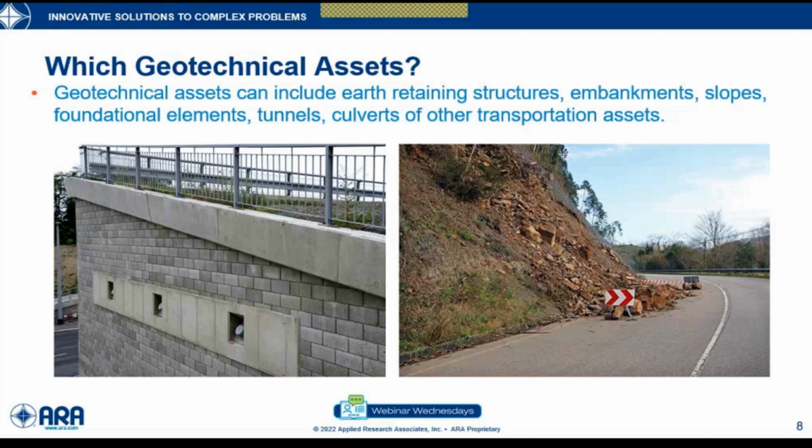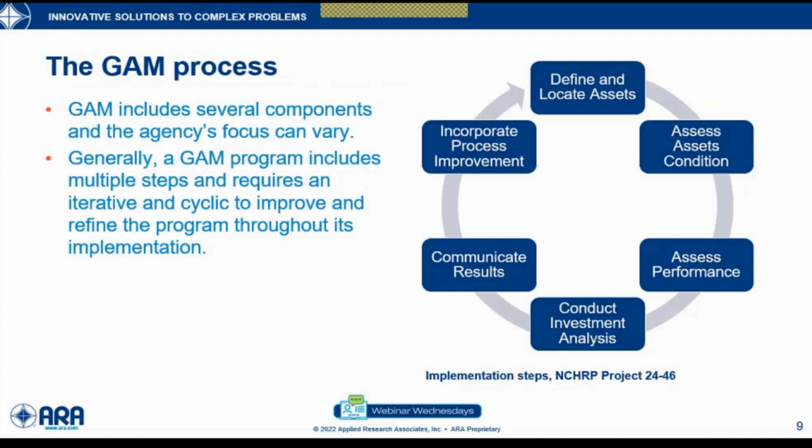Tunnels and culverts are all possible geotechnical assets. More generically here, we're talking about geotechnical features. That's how we would think of geotechnical assets at this stage. But the final conclusion on which assets to include depends on the agency and the goals of the agency, and we'll talk a little bit about that.